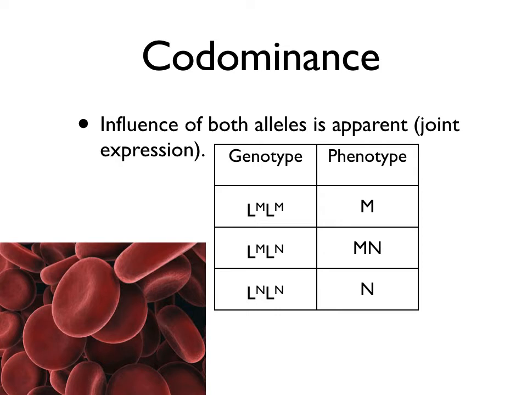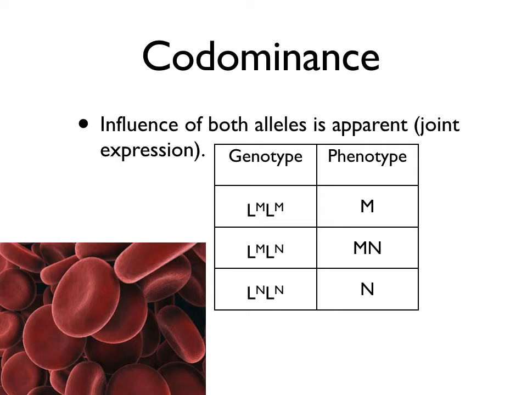Okay? So, a great example that we're going to use for codominance is that of human blood type. Okay? And in this, the influence of both alleles is apparent. So you get joint expression of these alleles. Okay? So if you're homozygous for one allele, your phenotype is that allele's phenotype.